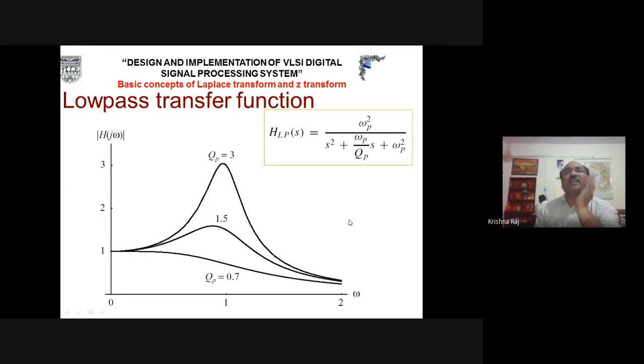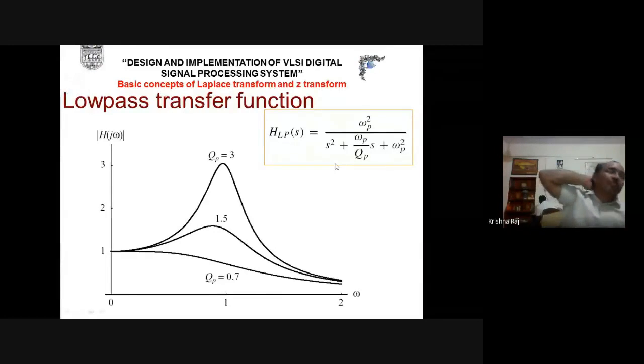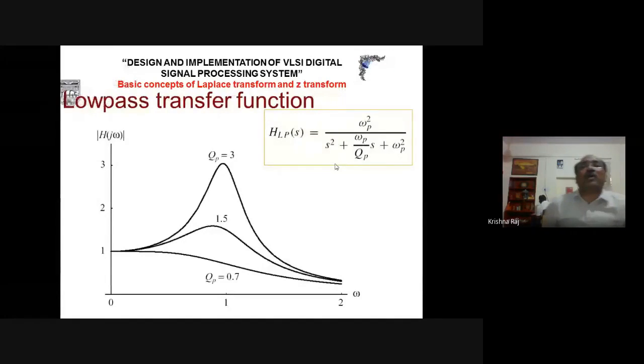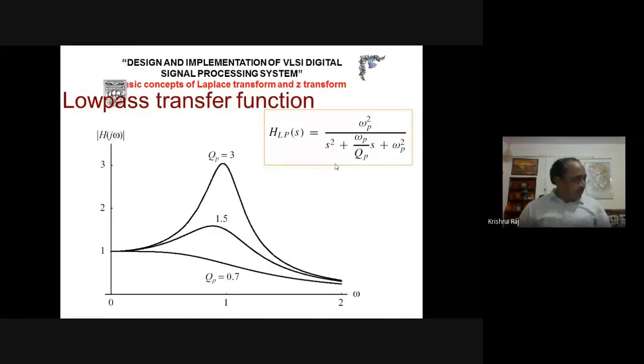If we see the transfer function, where are we getting it from? If we have designed any system, and its nature is a low pass filter or low pass transfer function, it must have a range of frequencies that will be passed.